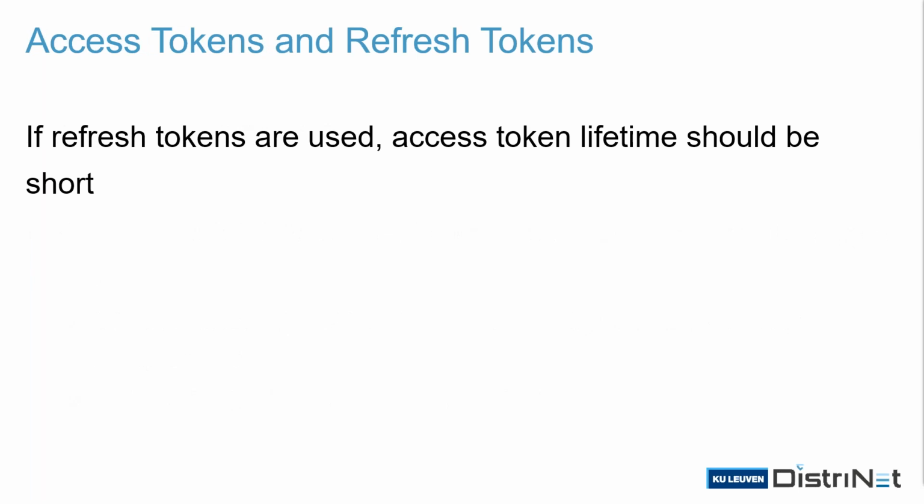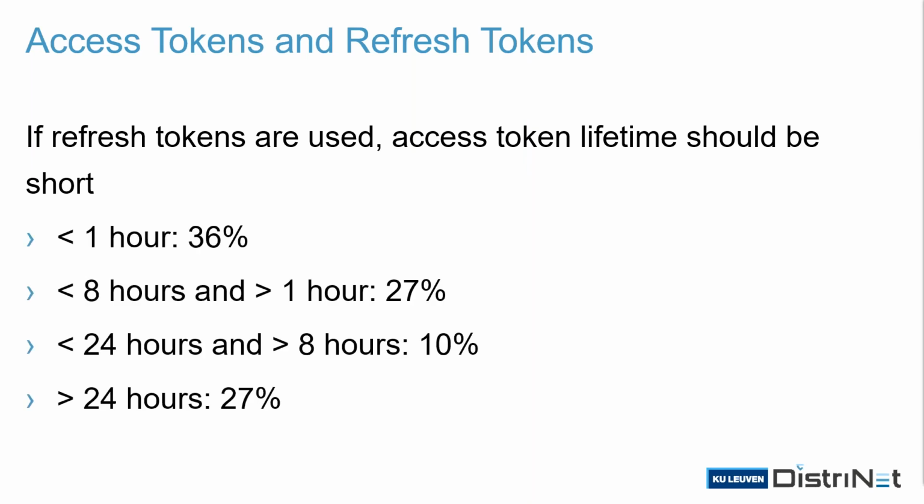Of course, the point of having refresh tokens is that the lifetime of access tokens can be reduced. The best practices say that access tokens should have a short lifetime, but they don't give a specific recommendation. In any case, OAuch tests the lifetime of these access tokens when refresh tokens are also granted. And these are the results.